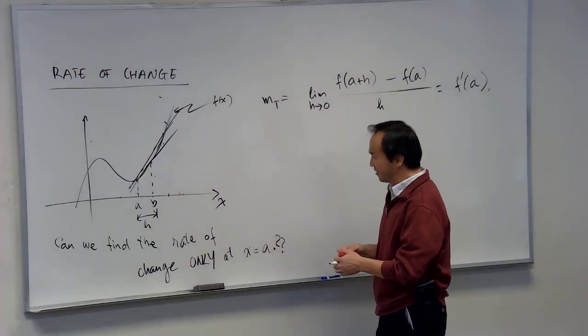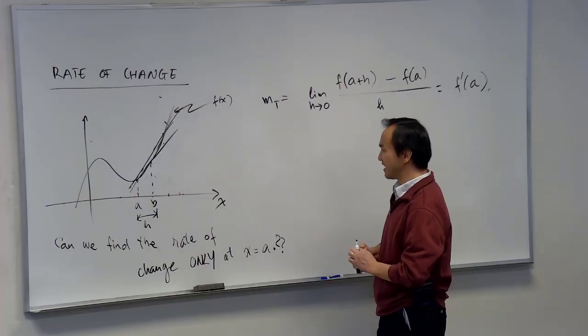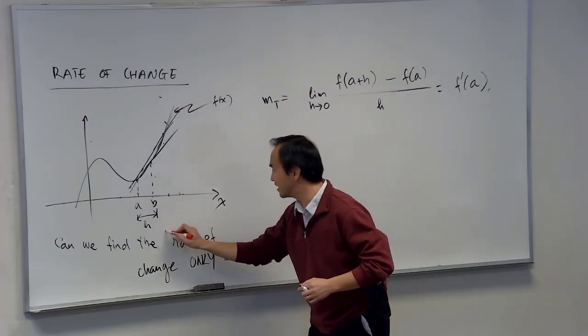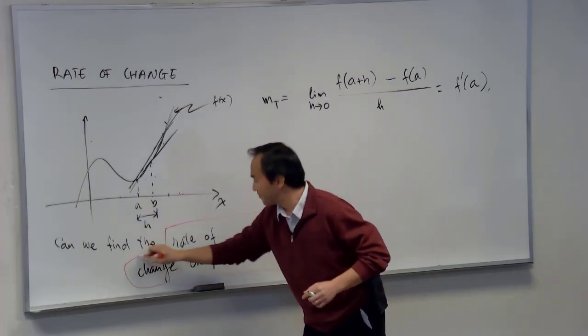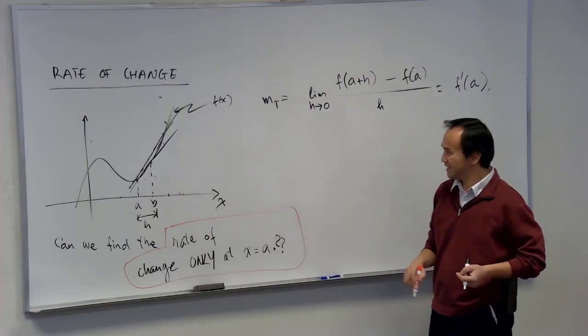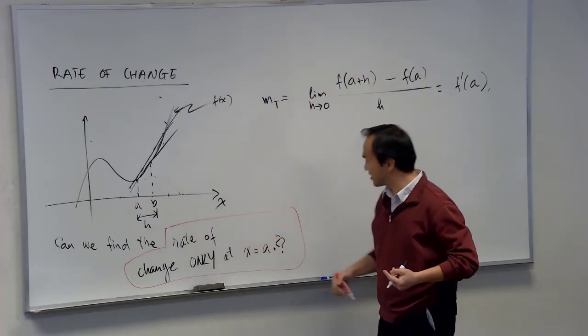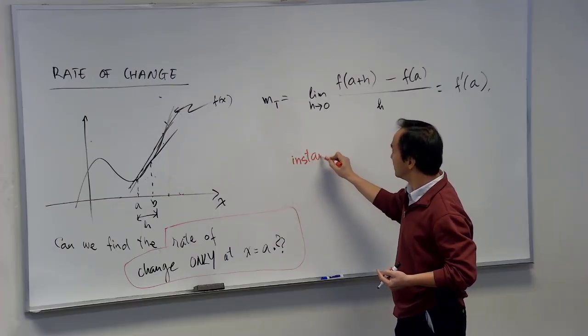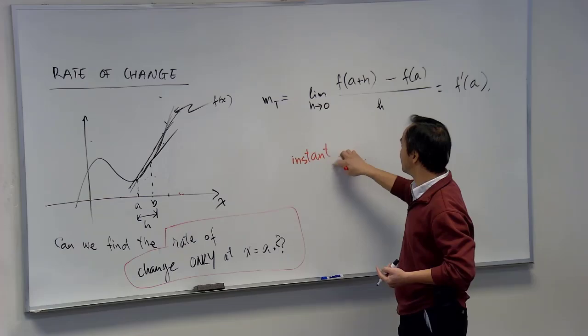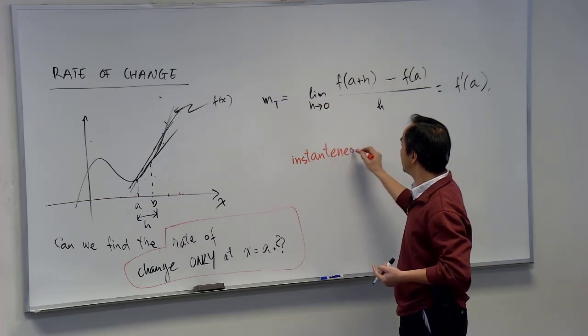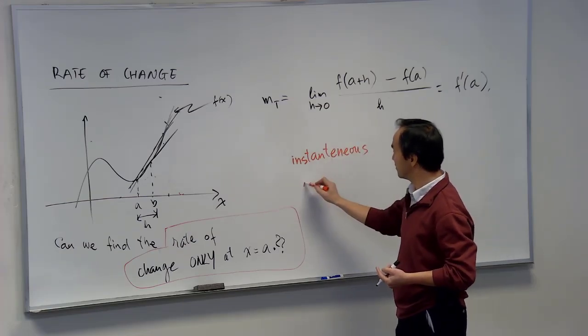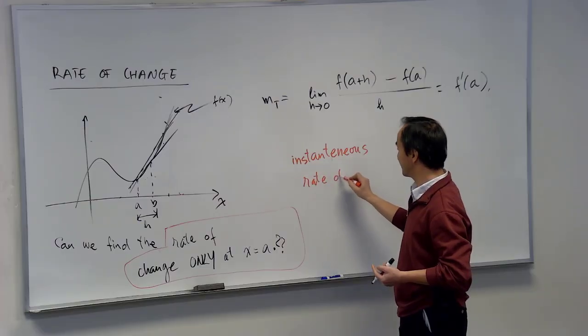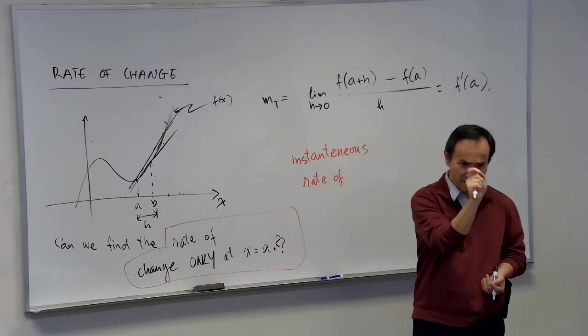A little more precisely, we refer to that as, see this term here that I circle in red. So we got a function and it's the rate of change. More precisely, we call it instantaneous rate of change. See, the kind of rate of change that happens only at one instance.